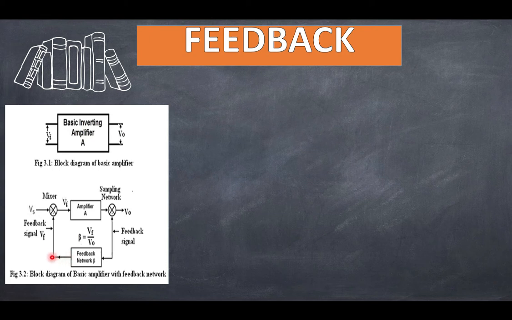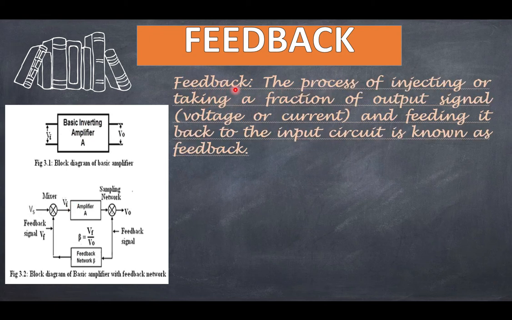So this output of the feedback is given along with the input to the amplifier. So feedback means the process of taking a fraction of the output signal, it may be voltage or current form, and feeding it back to the input circuit is known as feedback.